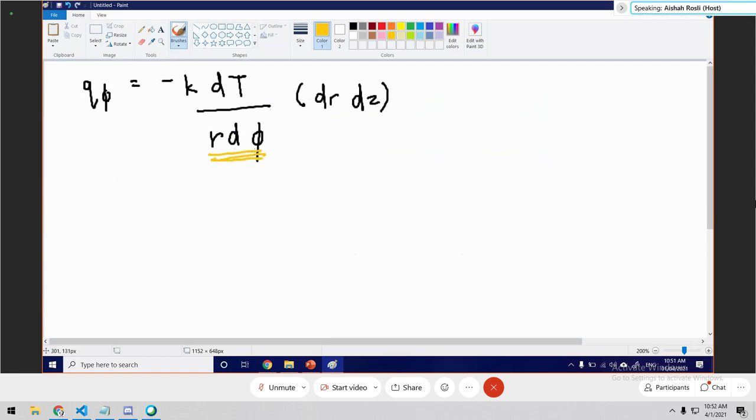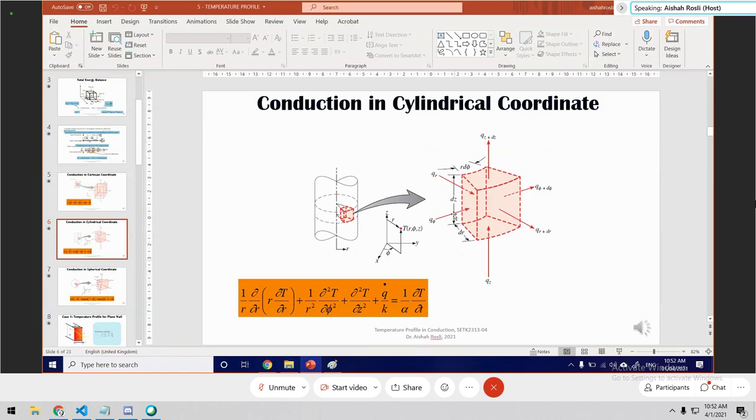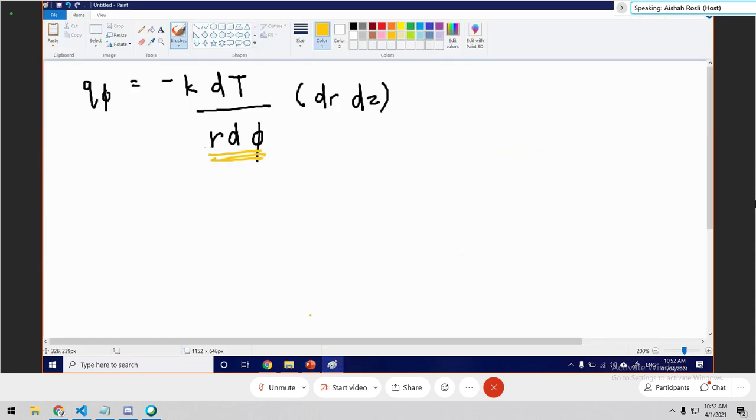In this case, it is r d phi because we are considering the change in temperature with the change in thickness. And while for the other two the thickness is dr or dz, in this case the thickness is r d phi. So that's why here it has to be r d phi and not simply d phi.